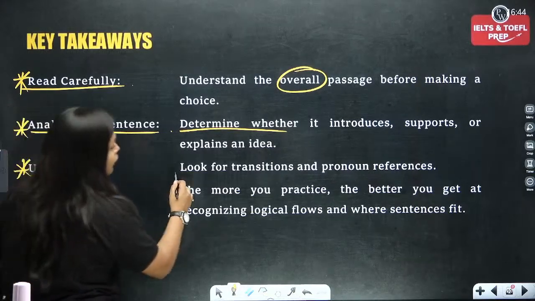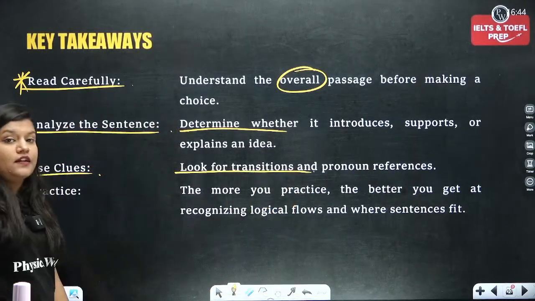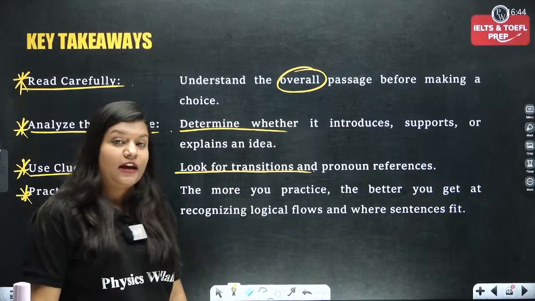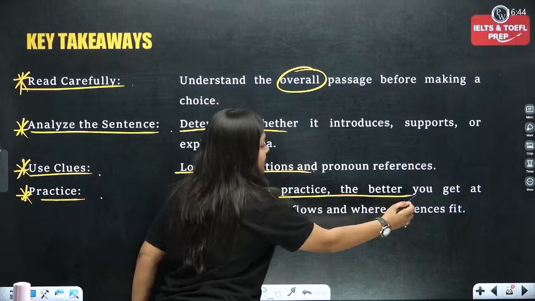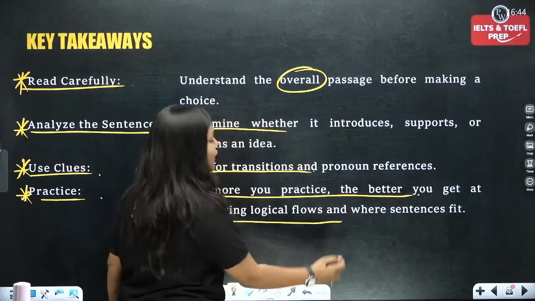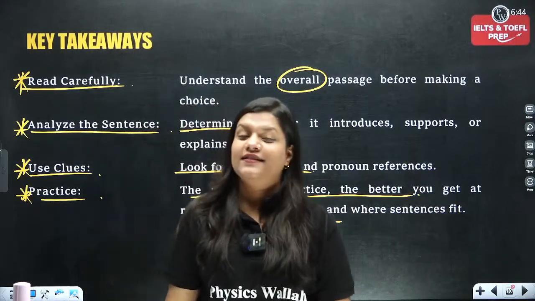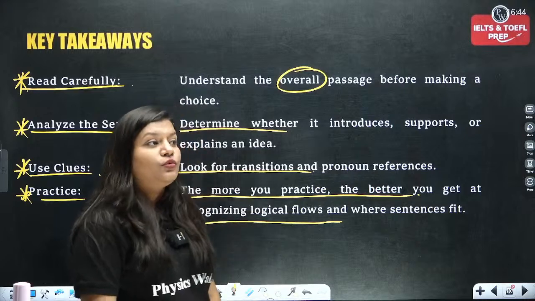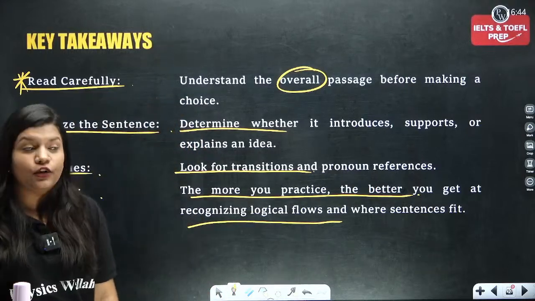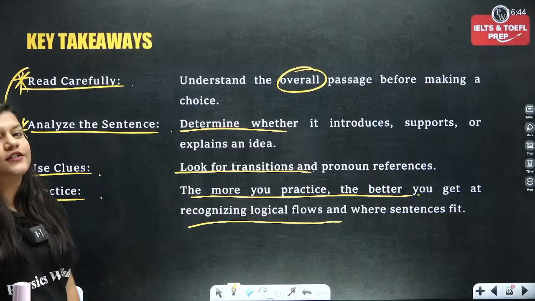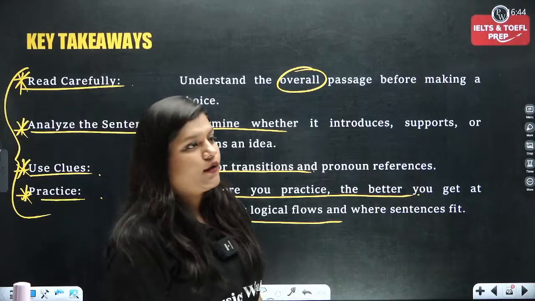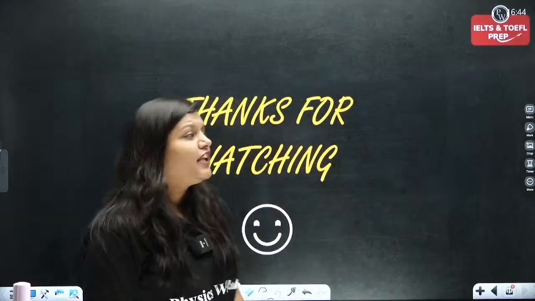Use clues. Look for transition and pronoun references so that you don't end up with the wrong response. Practice. The more you practice, the better you get at recognizing logical flows and where the sentence fits. So you are on the safer side if you consider all these pointers together and work accordingly. Okay. Now, yes, that's all.